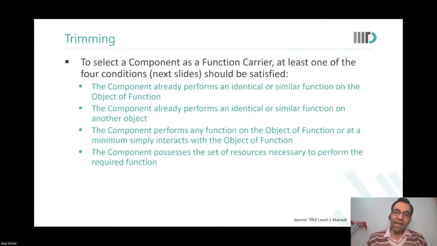Now, to select another component as a new function carrier, at least one of the 4 conditions should be satisfied. First is that the component may already perform an identical or similar function on the object of the function.